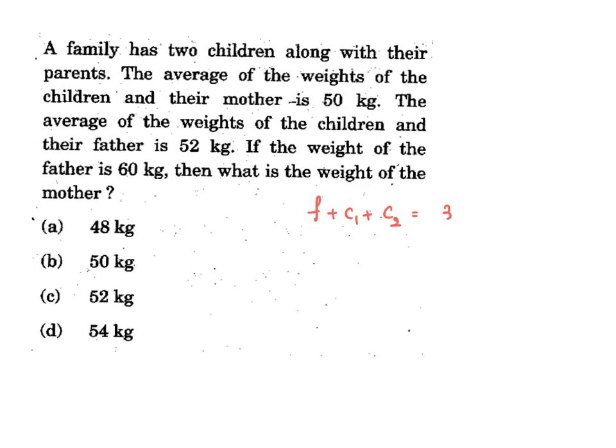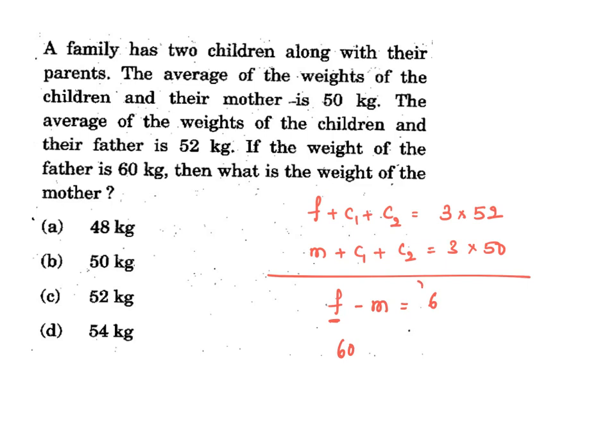The meaning is 3 into 52 is the sum. Then take mother plus child 1 plus child 2. That is 3 into 50. Take subtraction. Father minus mother is equals to 3 into 2, that is 6. If father's weight is 60, take out this 6 here. And mother's weight is 6 less than father, that is 54 kgs.